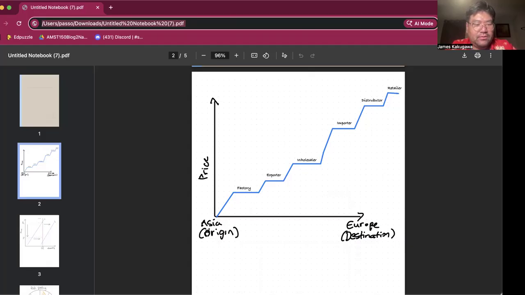Something I also found very fascinating in the chapter is that the solution proposed for the tyranny of distance appeared in the form of a positive supply shock in transportation technology, right?